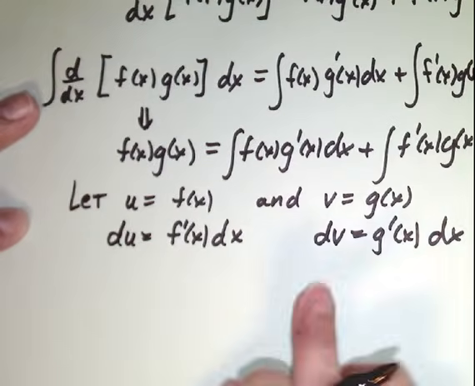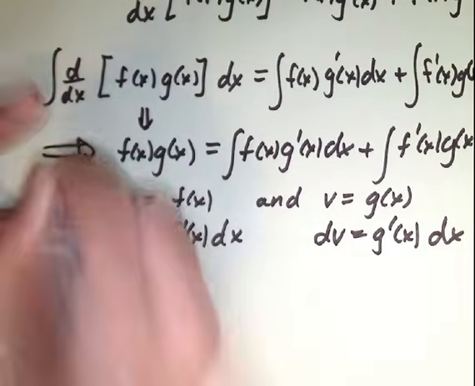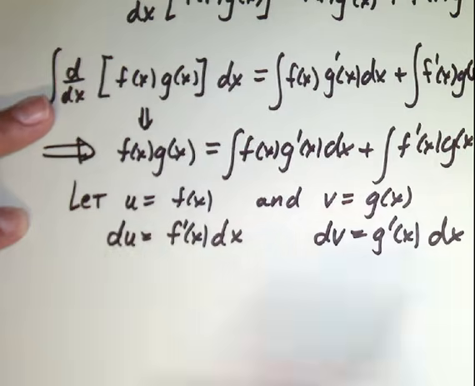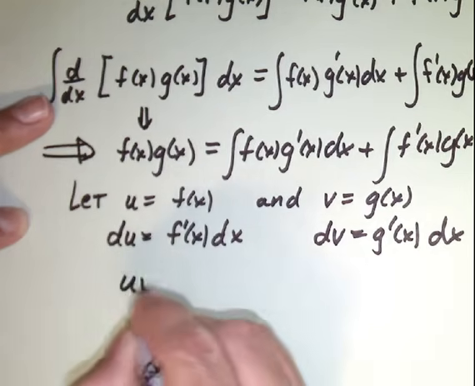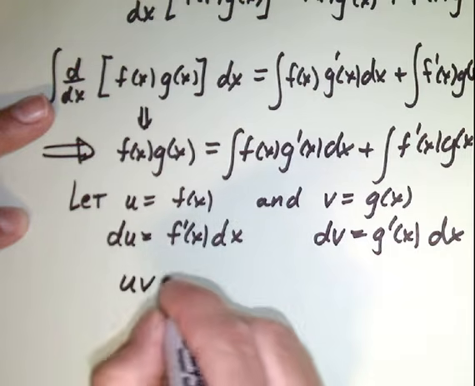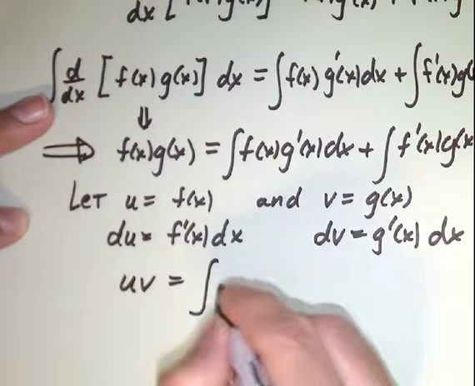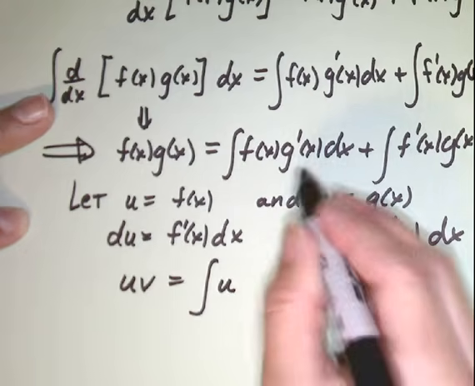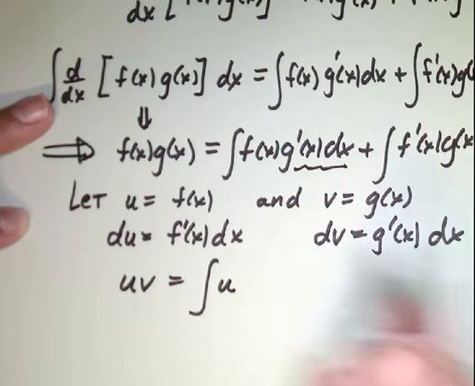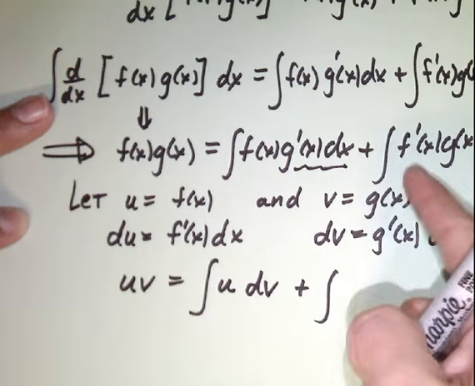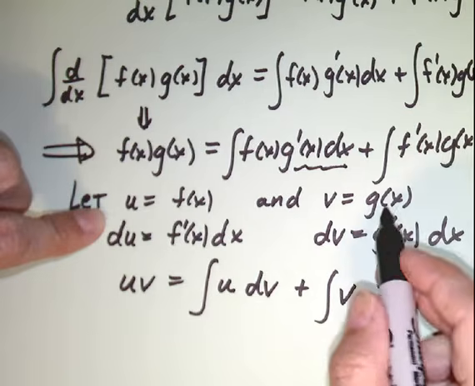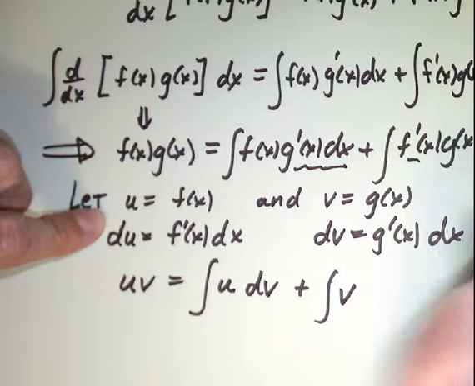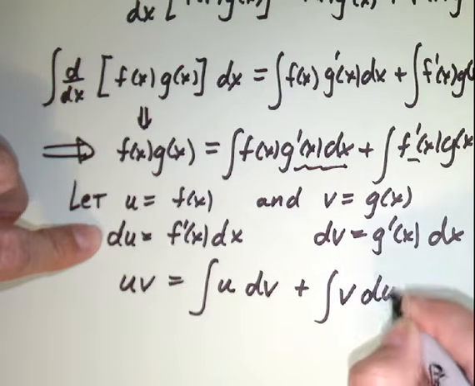Now if we go back into this equation and replace it with our new variables, our f of x times g of x becomes u times v, equals the integral of f, which is u, g prime of x dx, which is dv, plus the integral of f prime of x dx, g is really v, there's my g of x, and then f prime of x dx is du.